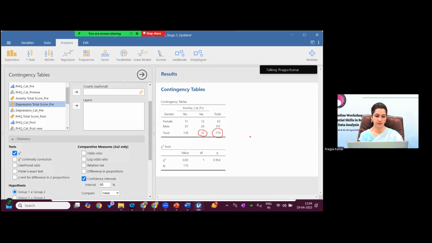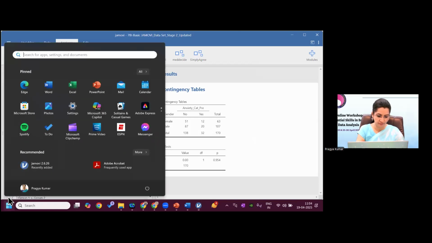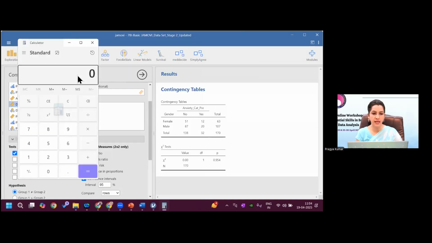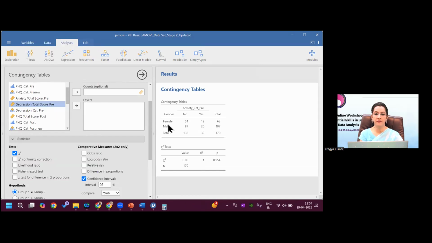I will also calculate, and I will apply the same percentage. So I will calculate 32 divided by 170. This is your 18.8%. So if I don't consider gender, there are 63 females.